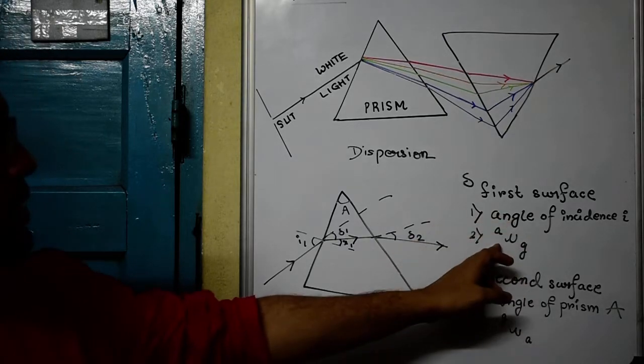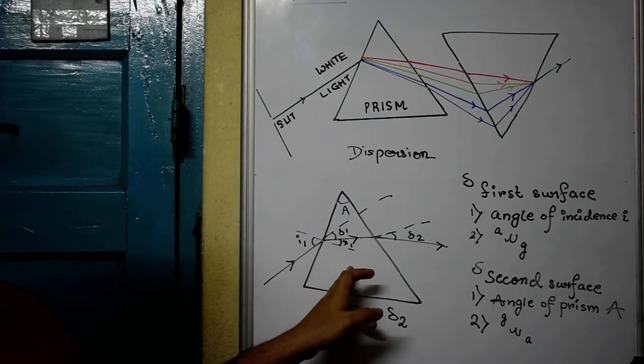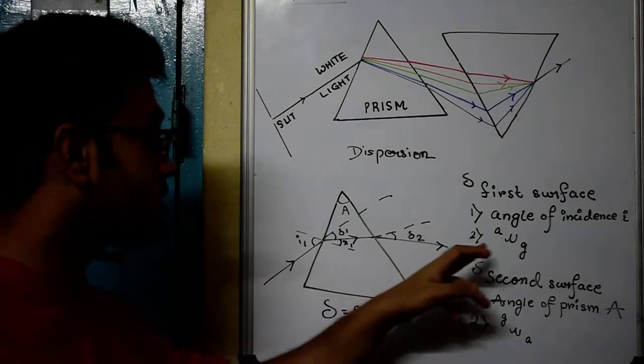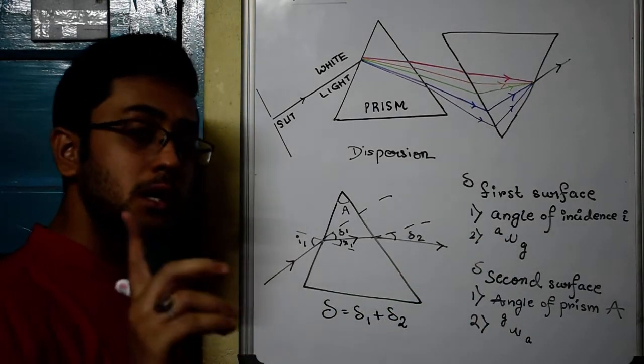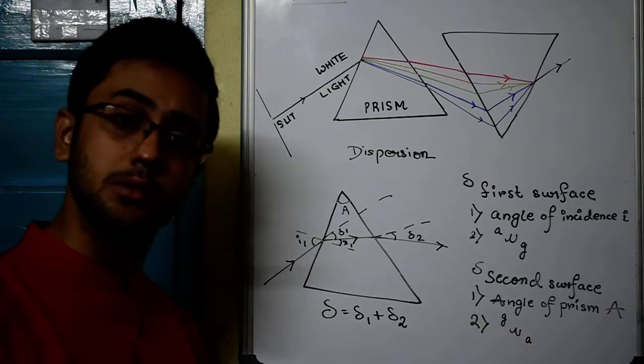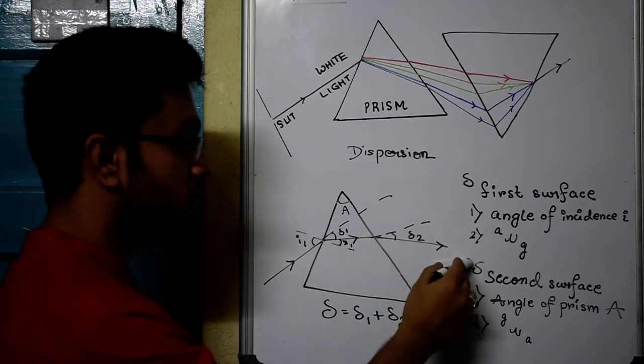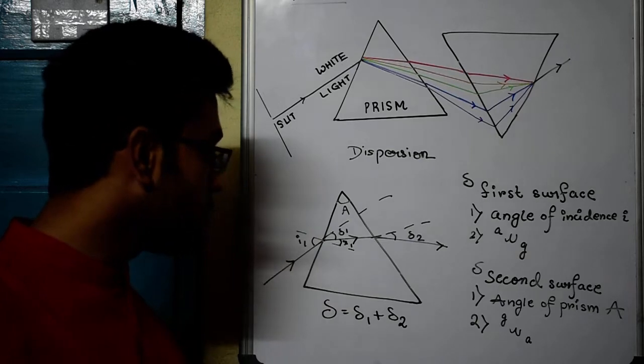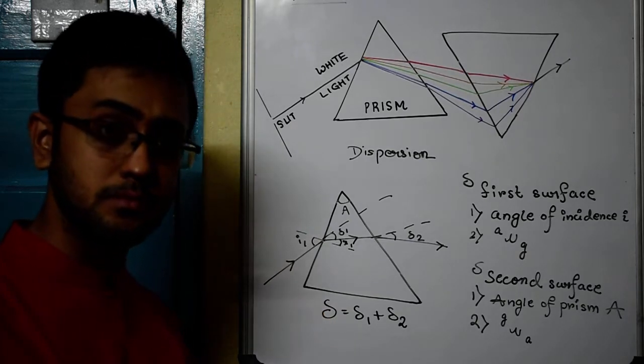At the first surface light was traveling from air to glass, so it depended upon the refractive index of glass with respect to air. Now it is traveling from glass to air, so it depends on the refractive index of air with respect to glass. And these 2 deviations cumulatively produce the total deviation delta.